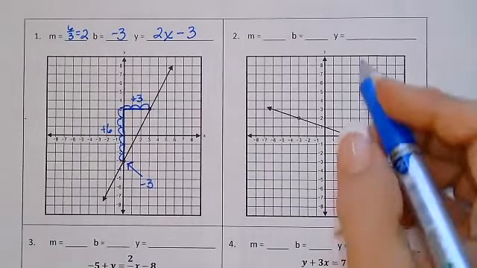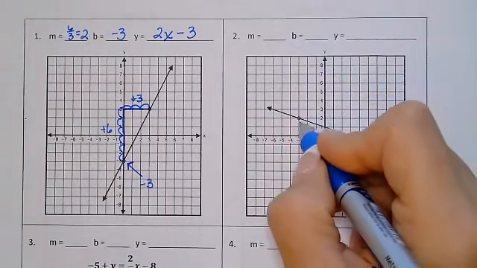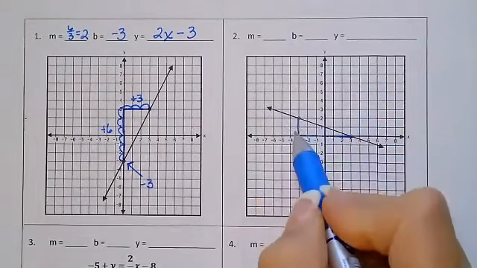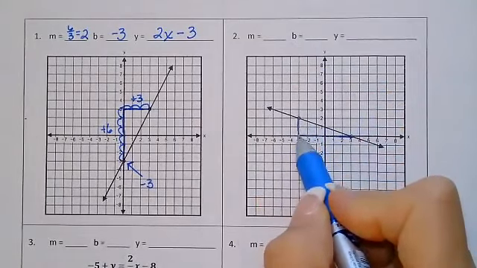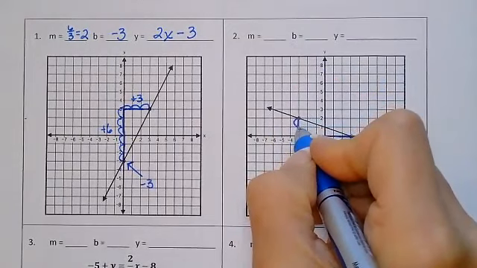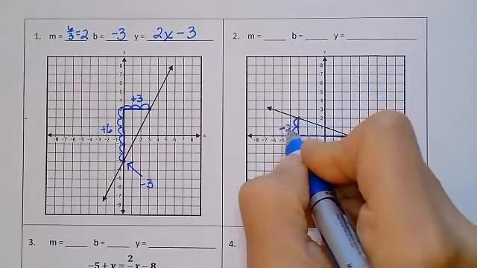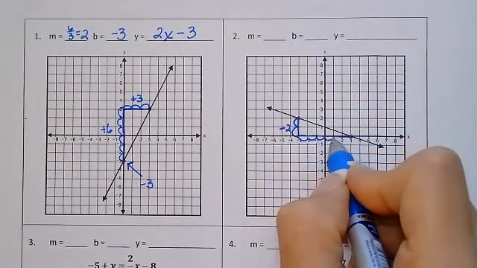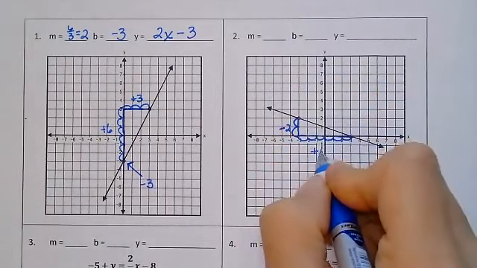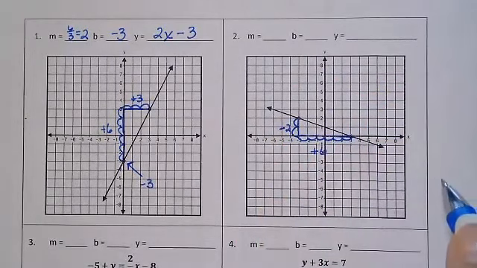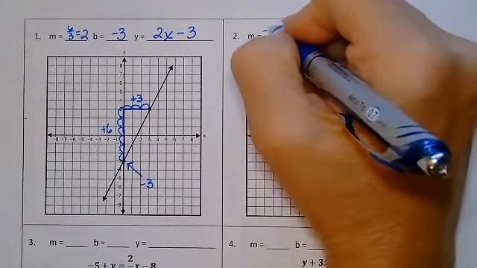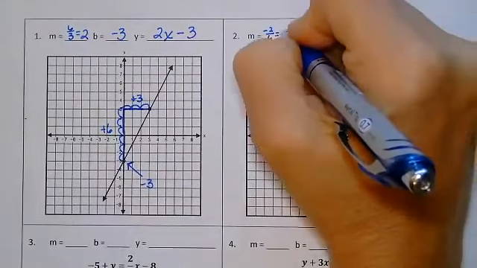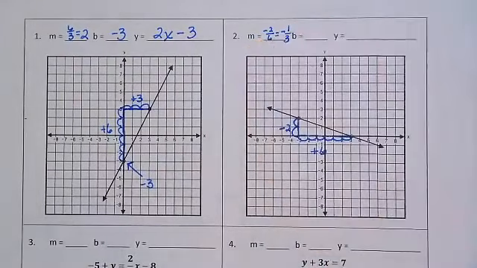Number 2, find slope. So again, I'm going to make my triangle. So my rise, well, in this case, I'm not rising, I'm going down. I'm going down 2. And now I'm going to run 1, 2, 3, 4, 5, 6, positive 6. Okay, so that is -2 over 6, which simplifies to -1/3.